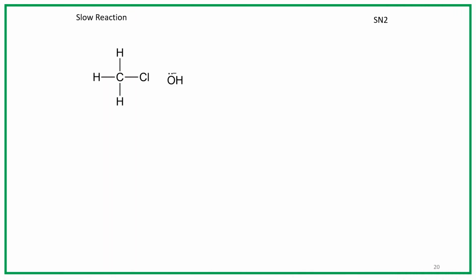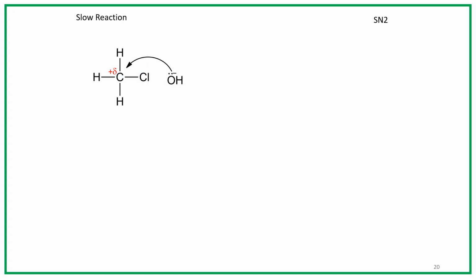I will take an example of an alkyl halide reacting with an alkaline compound. Here OH minus is produced by the alkaline medium. Let's think about aqueous sodium hydroxide reacting with methyl chloride. In this polar compound, there are negatively and positively charged parts of the molecule.